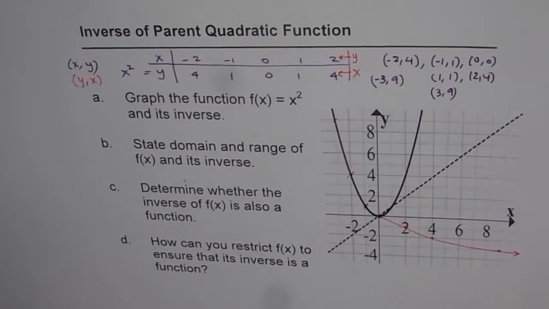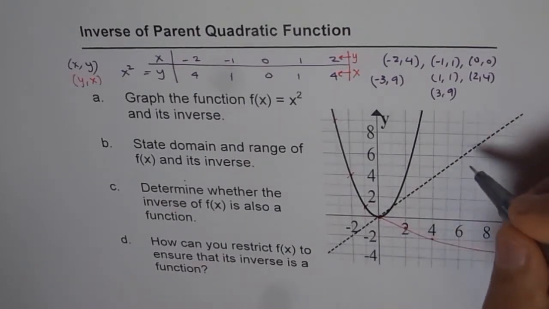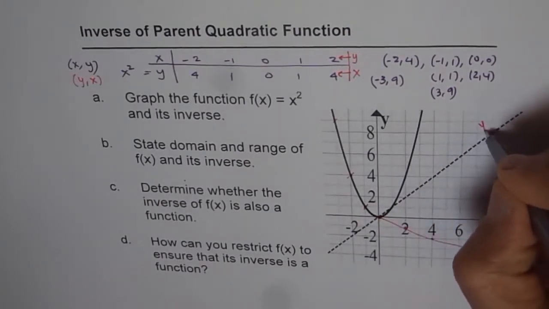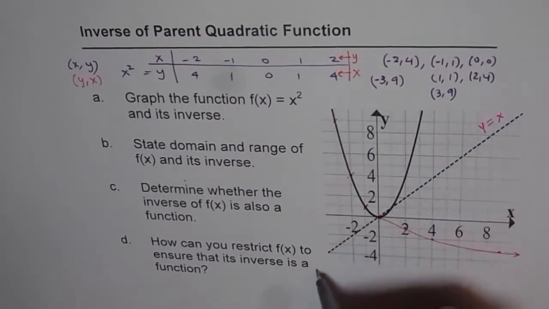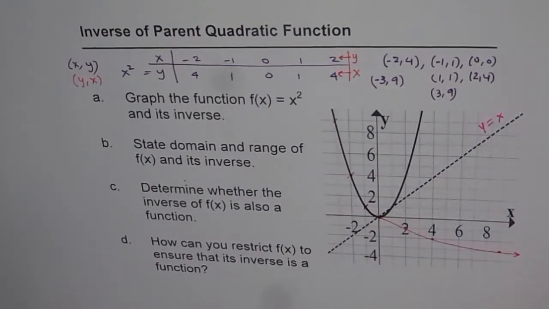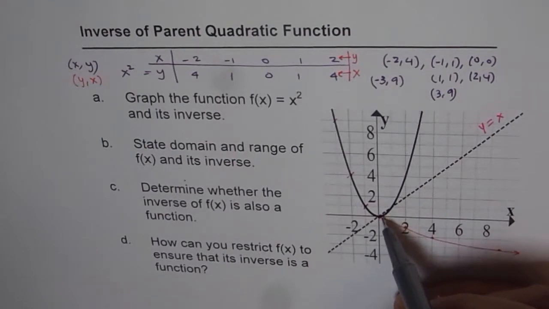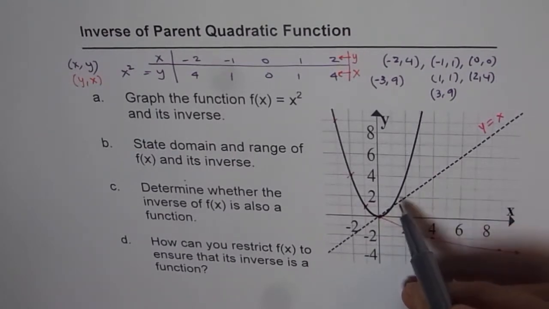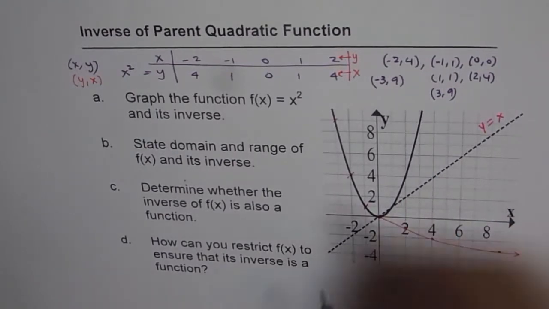Now for the right half of the parabola, I will show you a different technique to find the inverse, and that is by reflecting it on the line y equals x. Here we have the line y equals x. If I reflect my graph on this line, I get the inverse of that. So let's do the reflection.